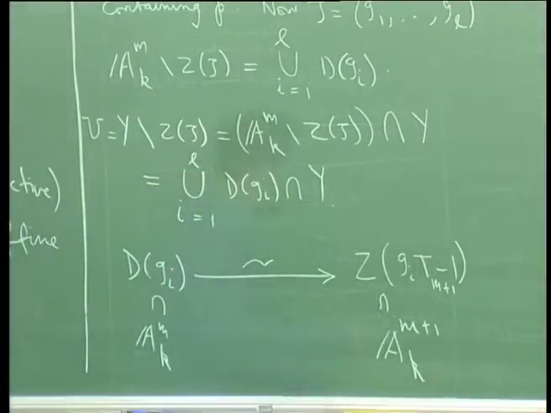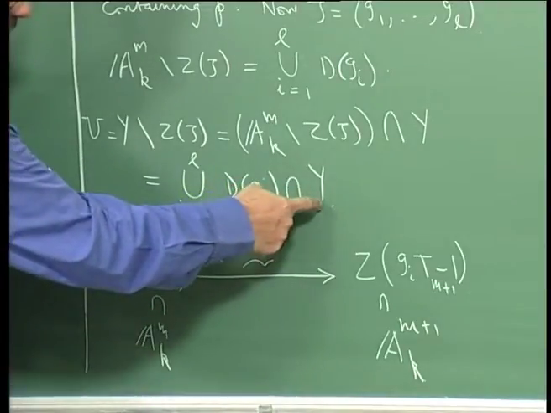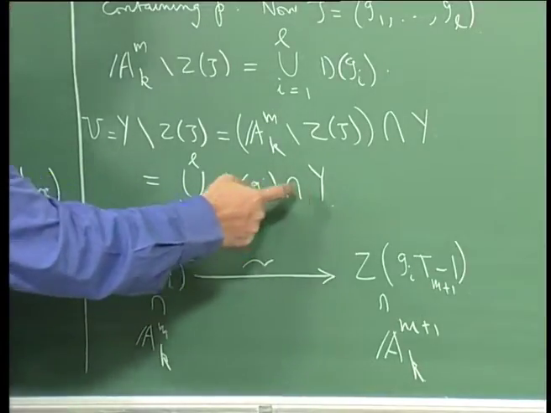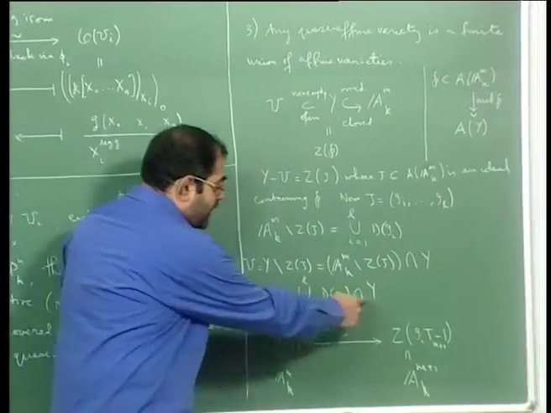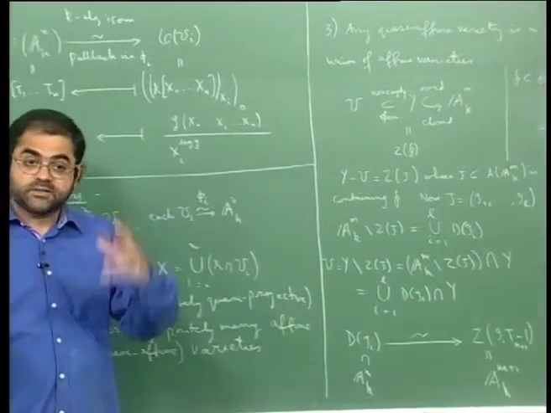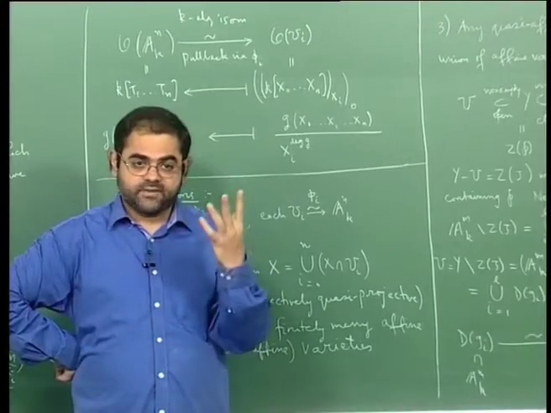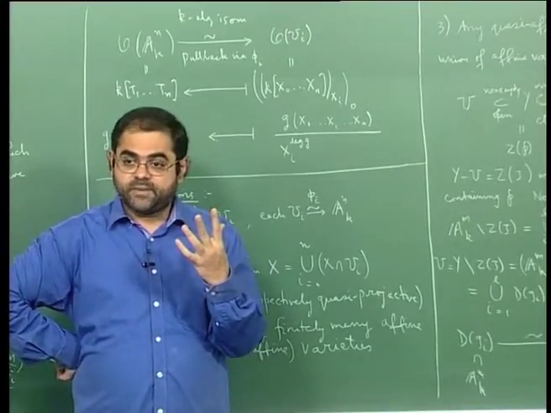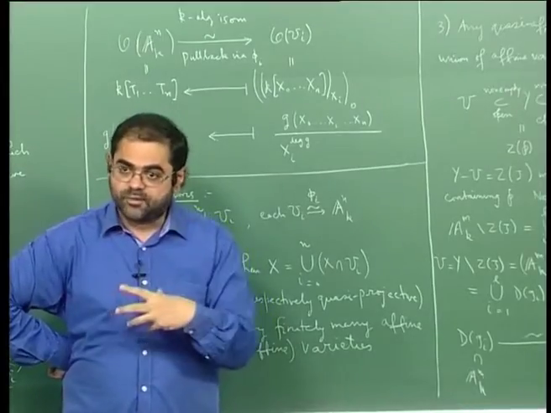Now what I want you to understand is that Y is a closed subset of Am, so Y intersection D(gi) is a closed subset of D(gi) for the induced topology.